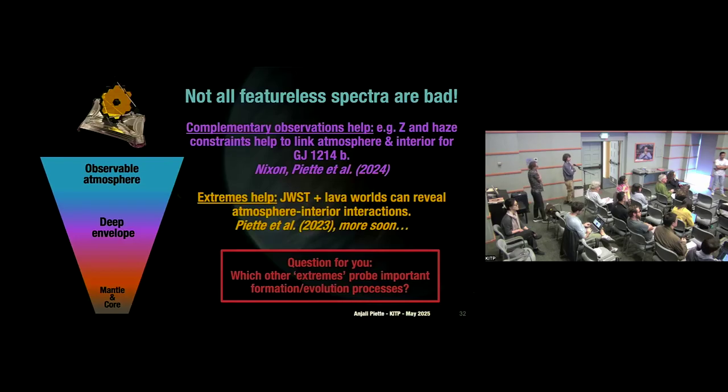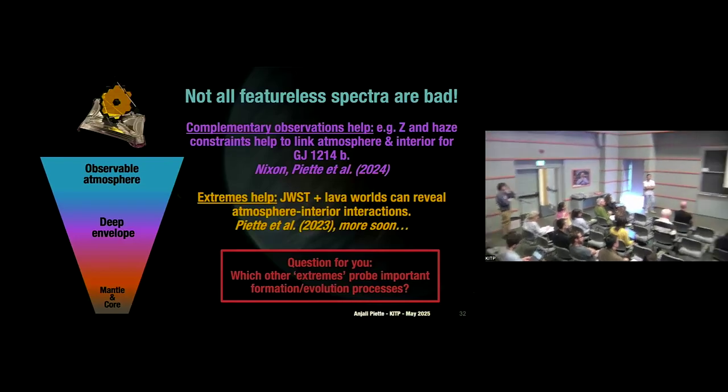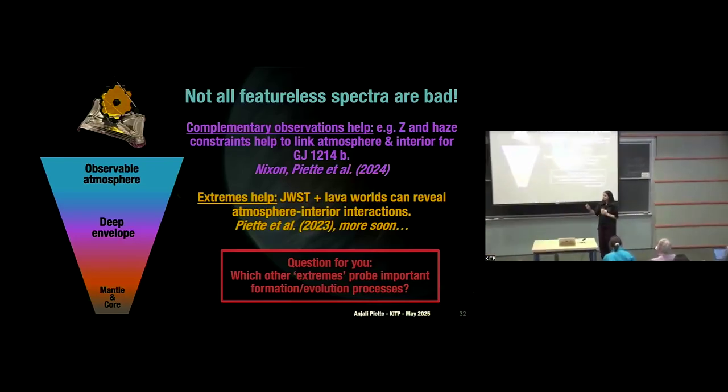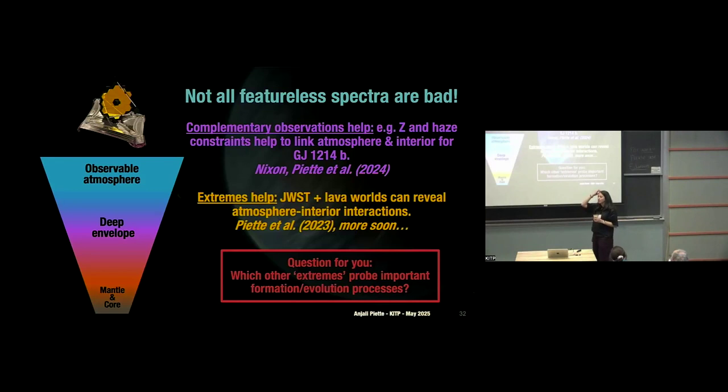I think it depends on the question that you're asking. One thing that has been looked at a little bit, I think we still need more data to fill it out, is the prevalence of flat spectra and hazes, if you interpret it to be that, as a function of the temperature of the planet. And so you get this kind of U-shape where there's a sweet spot where we think hazes form more preferentially, and you get a lot of flat spectra.